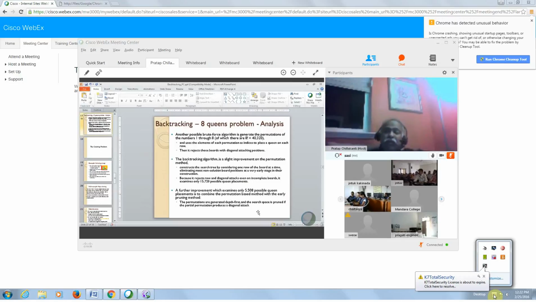Now, there's some analysis here. If you do a brute force algorithm to do the permutations of the numbers 1 through 8, there are 40,320 combinations. If you do a backtracking algorithm, it's not only slightly better, I would call it significantly better, because your possible queen placements come down to 15,720.